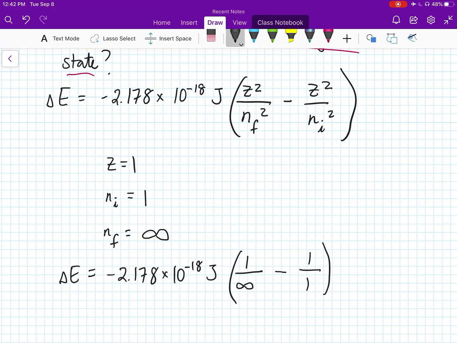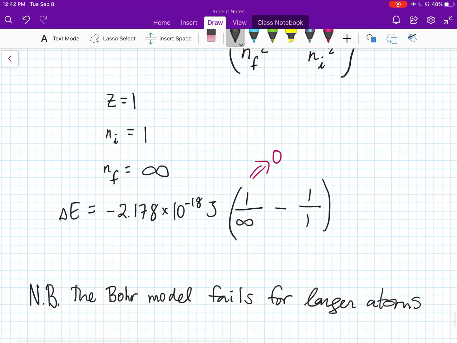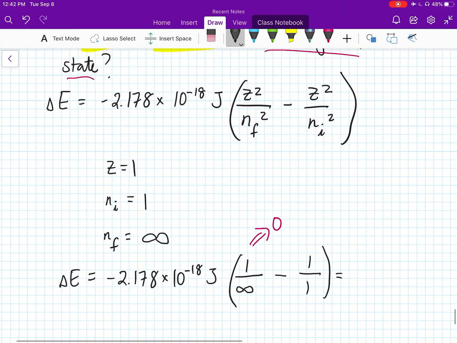So what is 1 over infinity? Well, that denominator is very huge, so this approaches 0 effectively. So notice what happens here. If that term is 0, this is going to be equal to positive 2.178 times 10 to the minus 18 joules.